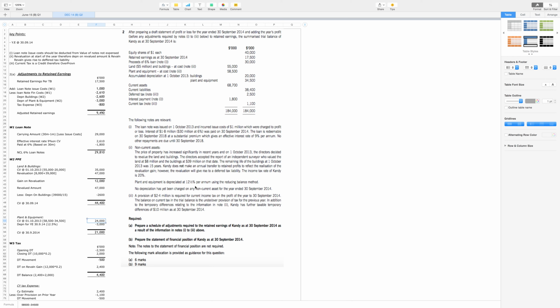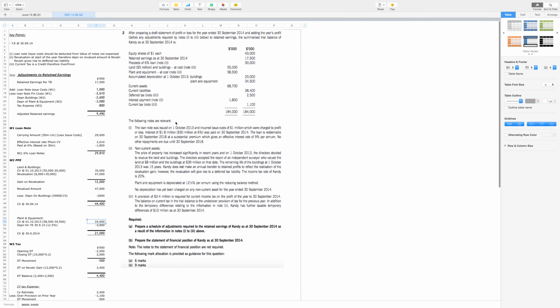Moving on, we then are told a plant and equipment is depreciated at 12.5% per annum on a reducing balance method. So, as earlier, we need to figure out what our carrying value at the start of the year was. So, looking down, we've got a cost of 58,500,000 and a depreciation accumulated at the start of the year of 34,500,000.